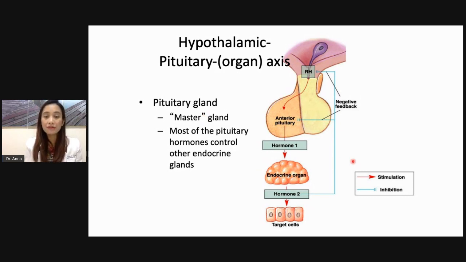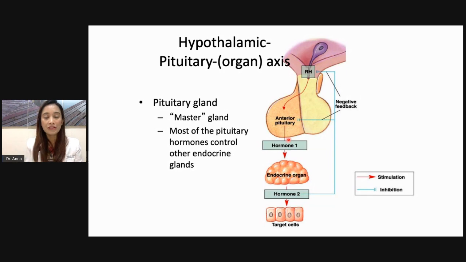And as a review of your negative feedback mechanism, or how the hypothalamic pituitary end organ axis works, from the neuroendocrine cells of your hypothalamus, it secretes various releasing hormones acting on your anterior pituitary, and your anterior pituitary will now secrete its corresponding hormones.